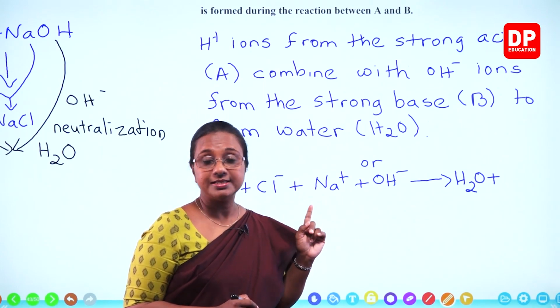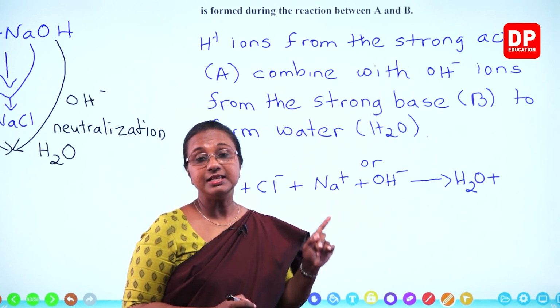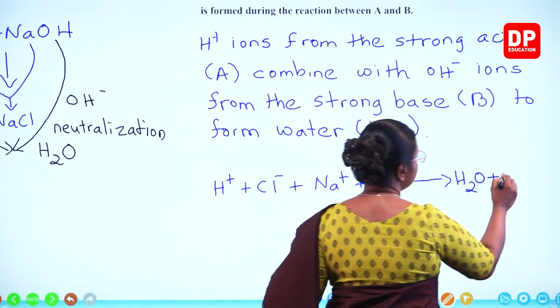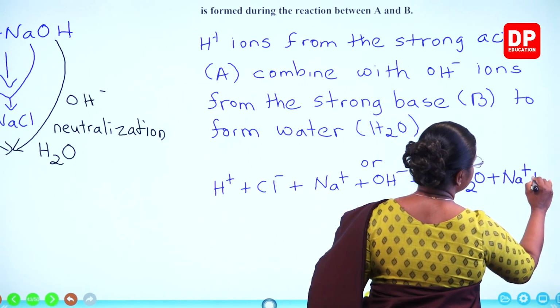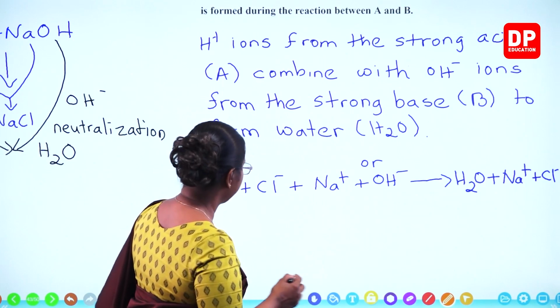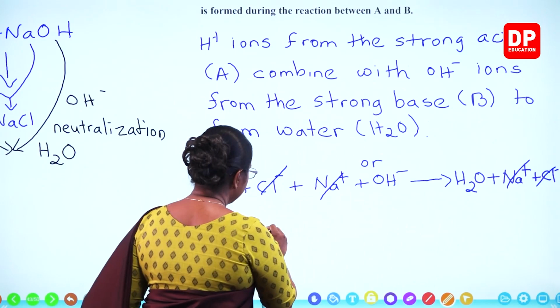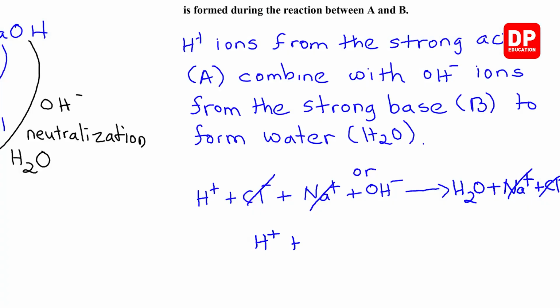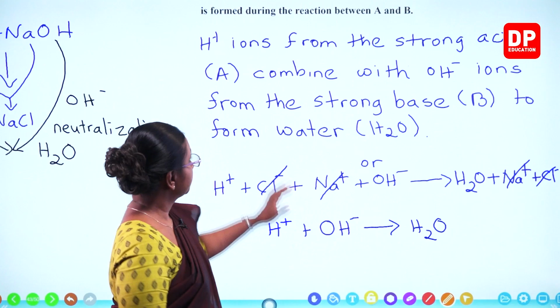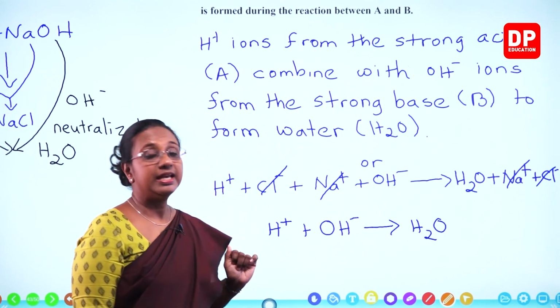But you all know salt is an ionic compound, sodium chloride, that also completely ionizes in water. So here these will be present as ions itself. So you get H2O, Na plus and Cl minus. So you can cancel these off and write it as H plus plus OH minus forming H2O.